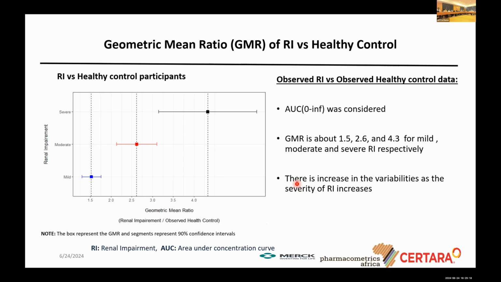No, the aim of this study is actually to eliminate the healthy volunteer from the renal impairment or organ impairment studies, because they don't have any benefit in some studies. So what we are doing is simulating only healthy volunteers, not renally impaired volunteers. But this could be an extrapolation or an extension.